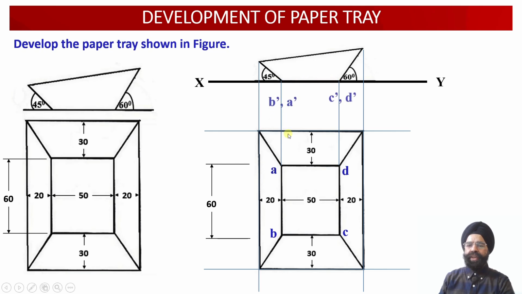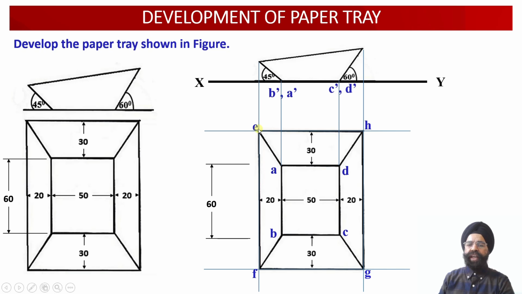The front view projections corresponding to the points B and A of the base will appear as B dash and A dash. Similarly, corresponding to the points C and D of the base, we have the front view elevation projections represented as C dash and D dash on the XY reference line.